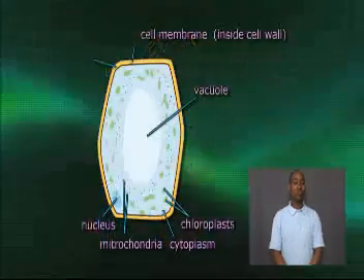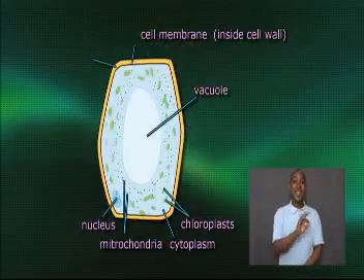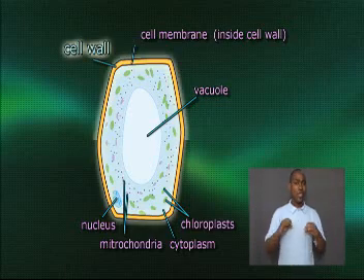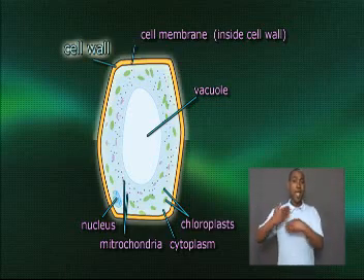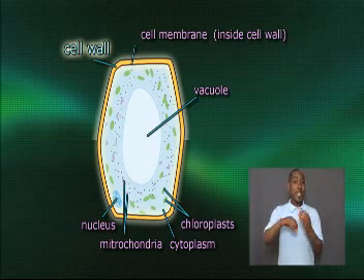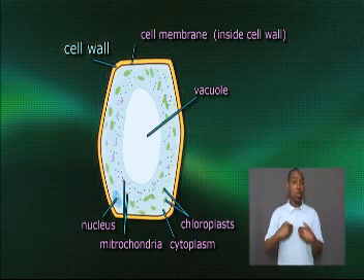However, there are major differences between the structures of both types of cells. Plant cells have a rigid, non-living cell wall. It lines the outside of the cell membrane and is made of cellulose.